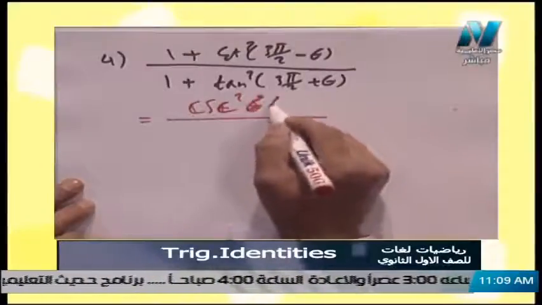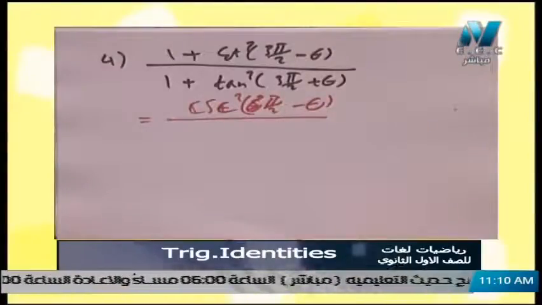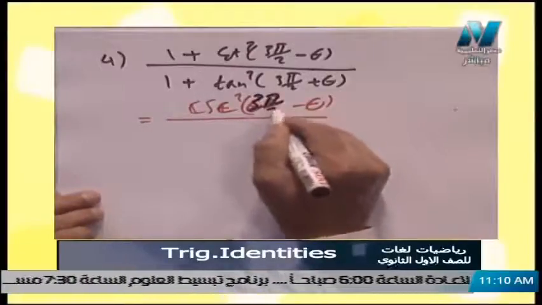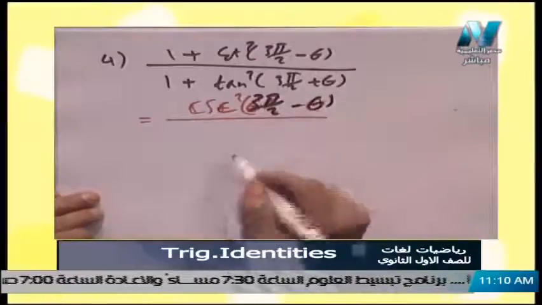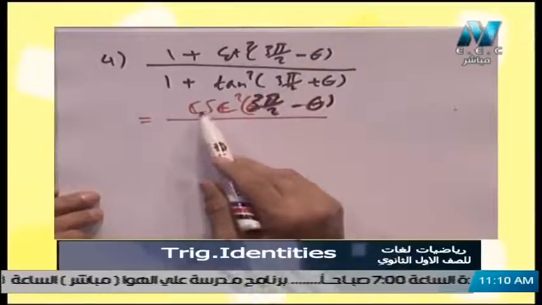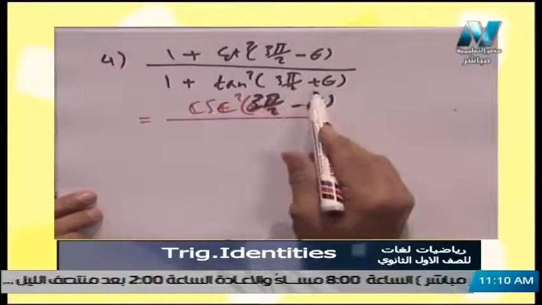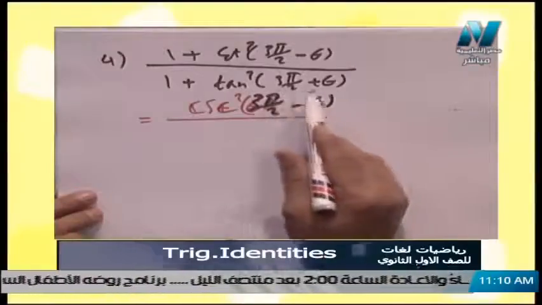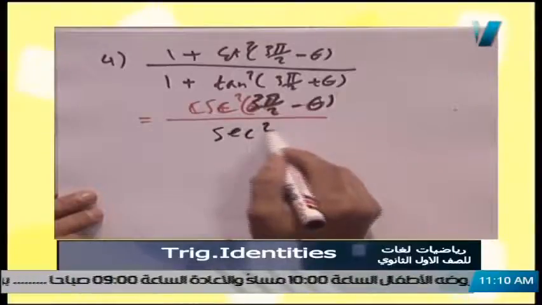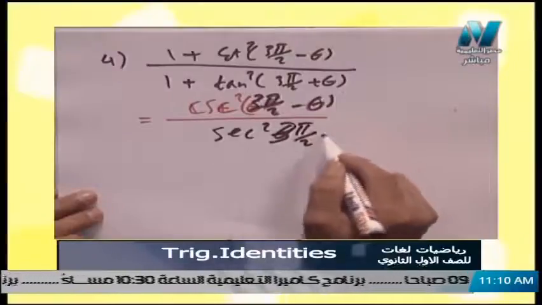You can say 3 pi over 2 minus theta. Let's write it carefully. We know that 1 plus cotan power 2 theta equals cosec power 2 theta, and 1 plus tan power 2 of this angle will equal sec power 2 of 3 pi over 2 minus theta.